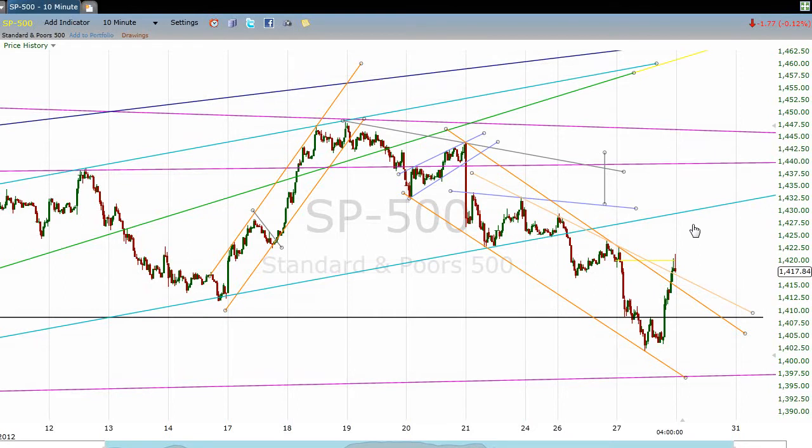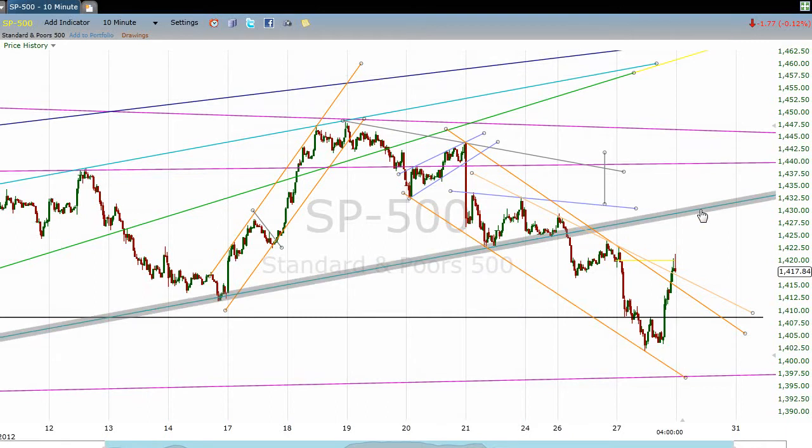So here's the kind of thing that's interesting, though, as encouraging as it might be. And by the way, I did not buy here. I'm waiting for something a little bit clearer than just a bounce on a trend line. I would rather see a fuller blown pattern develop. And the reason is this.